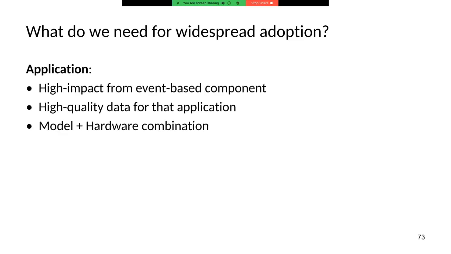We need to find an application where the event-based component has really high impact. I think, for example, optical flow is a low-level vision task which really benefits a lot from the event-based components. And also, for example, the tracking problem is very attractive for event-based vision. But maybe there are more, right? I don't know all of them, and I'm also constrained in my view.